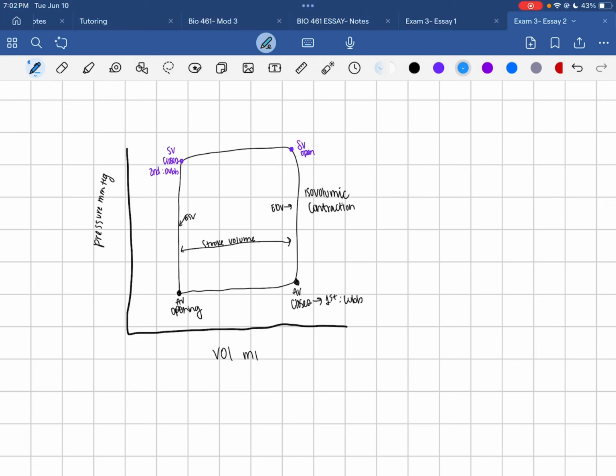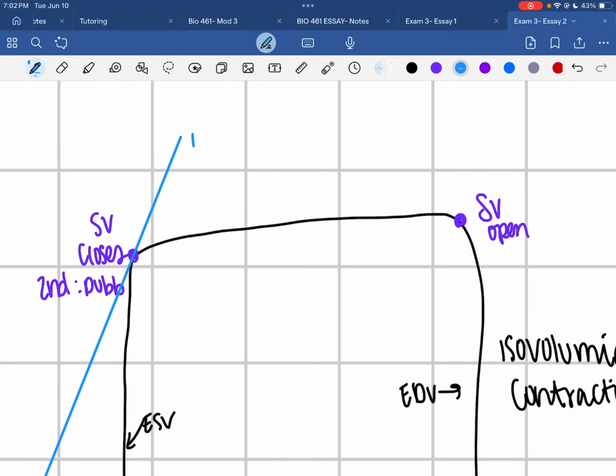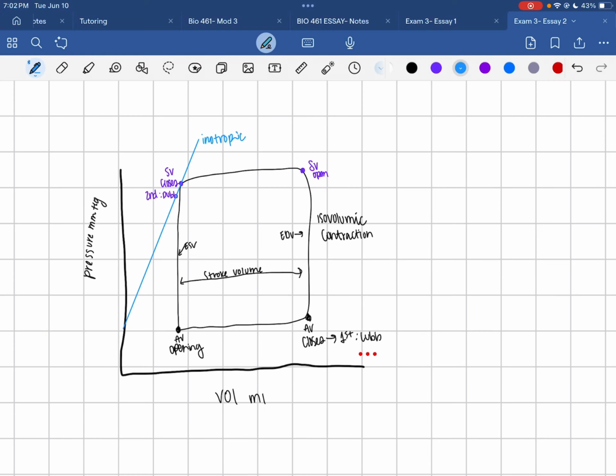This is happening within our left ventricle, but now we're going to talk about inotropy. Inotropy is the force of contraction with which the heart pumps the blood it has.